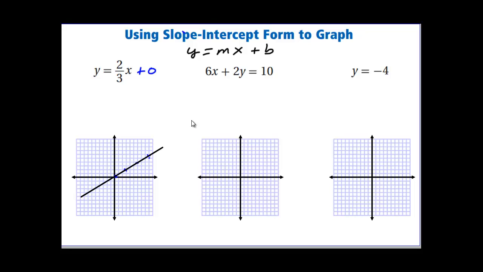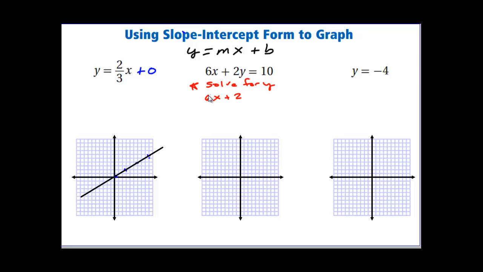In the second example here, now we're given it in standard form. So we have to solve for y. That's the very first step we have to do. If we solve for y, it'll automatically go into slope-intercept form. So in this case, we want to subtract 6x from each side.